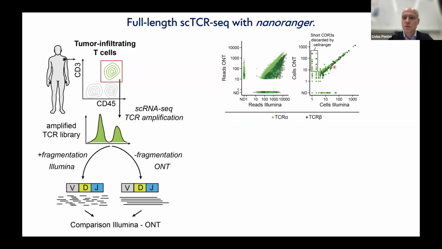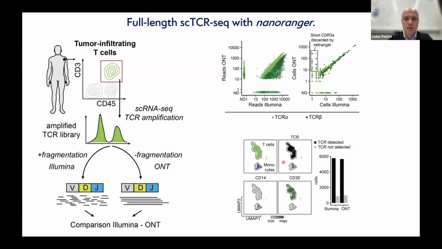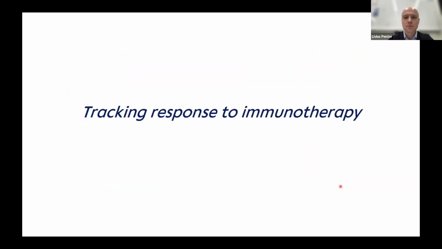And if you now look at the CDR3s, the part of the TCR that recognizes an antigen, you see there's almost perfect alignment. This tells you that the quality of the Oxford Nanopore data is actually sufficient to identify genetic variants that are quite delicate, such as TCR. And this is just to say that we find basically the same results.